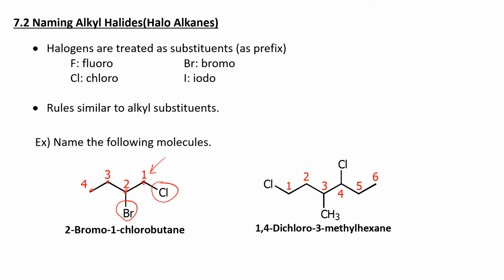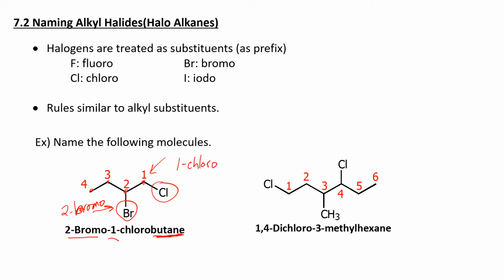And now we're going to put the name all together. So it was a form of butane, and we have a 1-chloro group, and we had a 2-bromo. So we put it together, 2-bromo, 1-chloro.